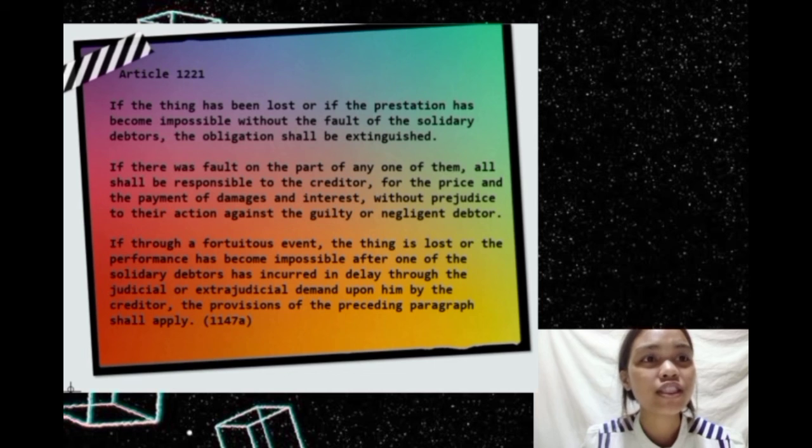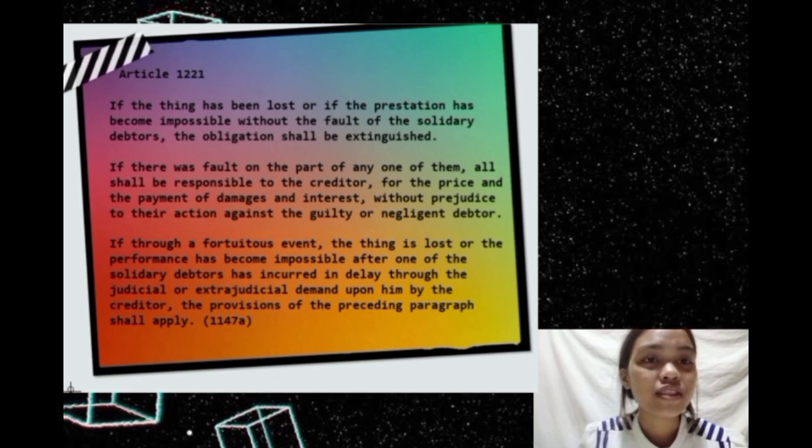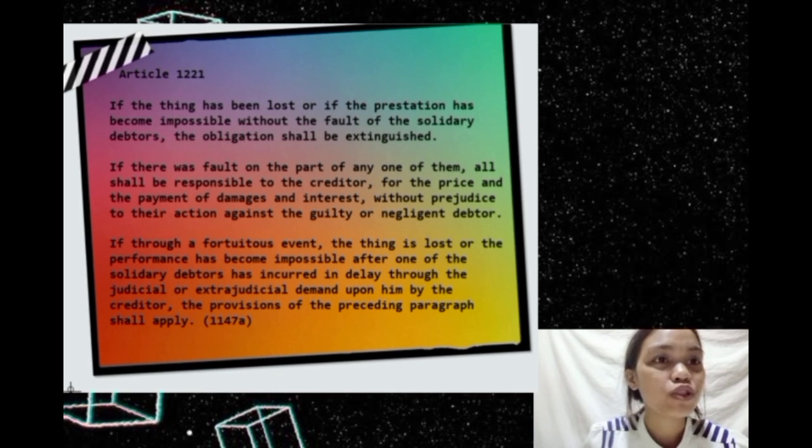For example, if in the preceding example the truck was lost through the fault of Kate, Jad and Princess shall also be responsible to Dayan for the price of the truck as well as damages, although Jad and Princess were not at fault at all.